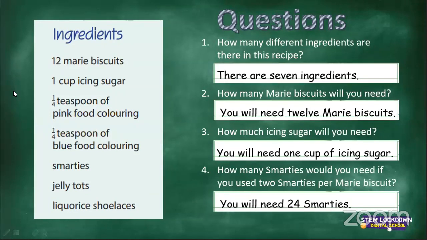Someone said no verb. Someone said 7. Will. Ingredients. Guys, look at number one's answer. There are 7 ingredients. If there's really no verb, then that means that this is not a sentence.